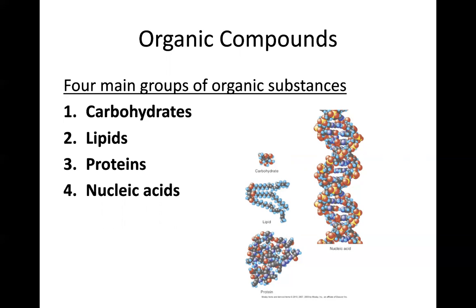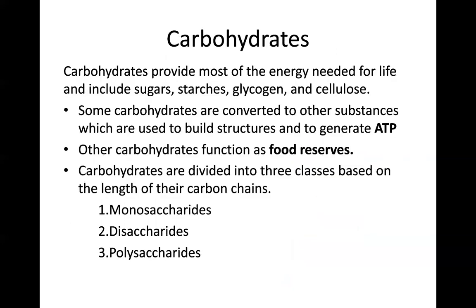We're going to talk about each one of these, what they do for us, and then the different forms of them. Starting with carbs, then we'll talk lipids. What are lipids most commonly called? Fats, proteins, and then the complicated one here on the far right, which is showing you DNA. The most complex are the nucleic acids.